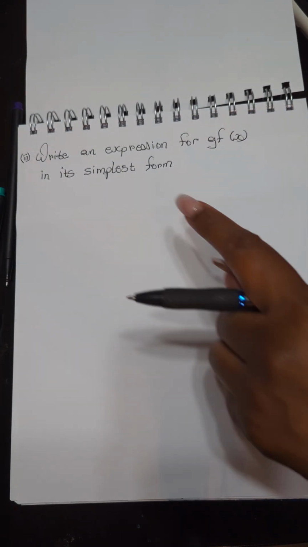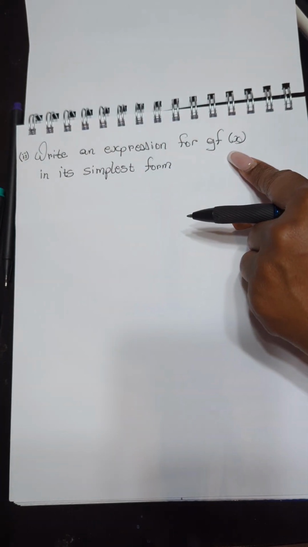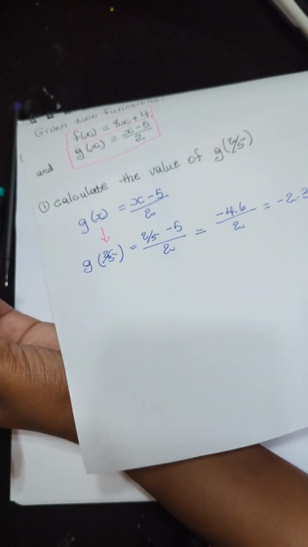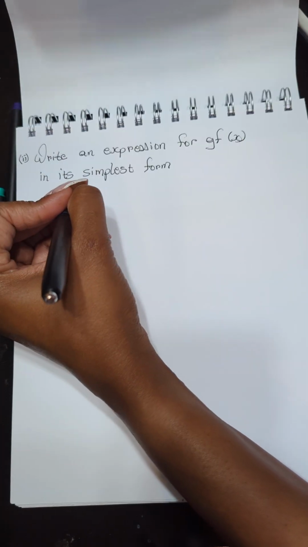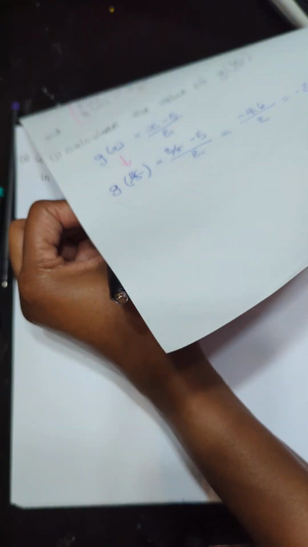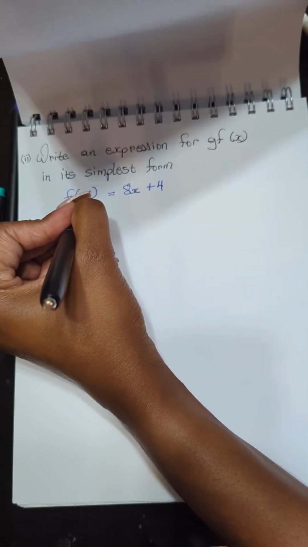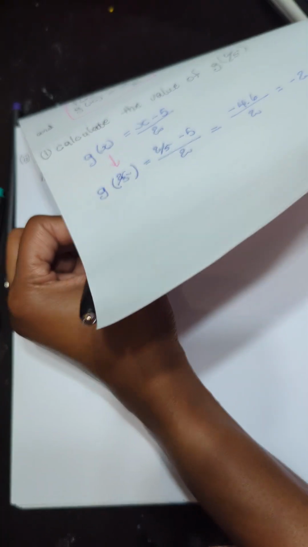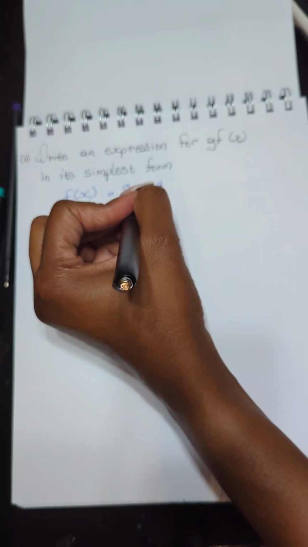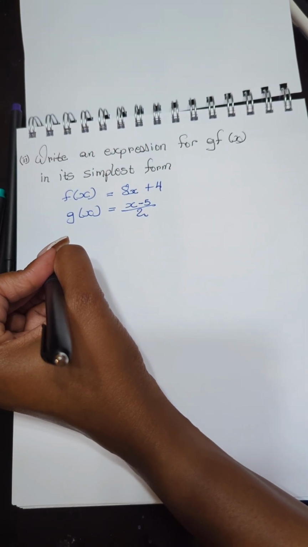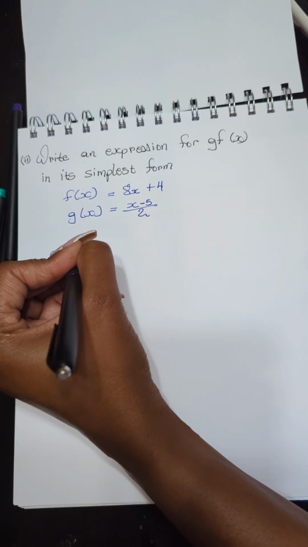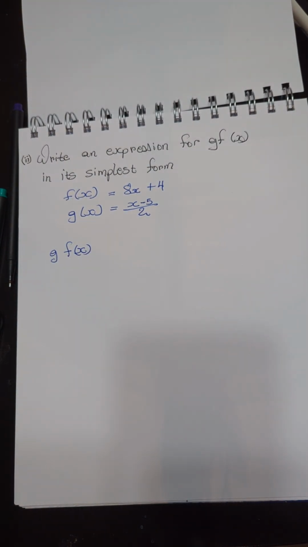All right. Now they asked us to write an expression for gf of x, okay? So I'm going to rewrite the functions over here. F of x is equal to 8x plus 4, and g of x is equal to x minus 5 all over 2. Now they want us to find gf of x. Notice something here. They've combined the functions.